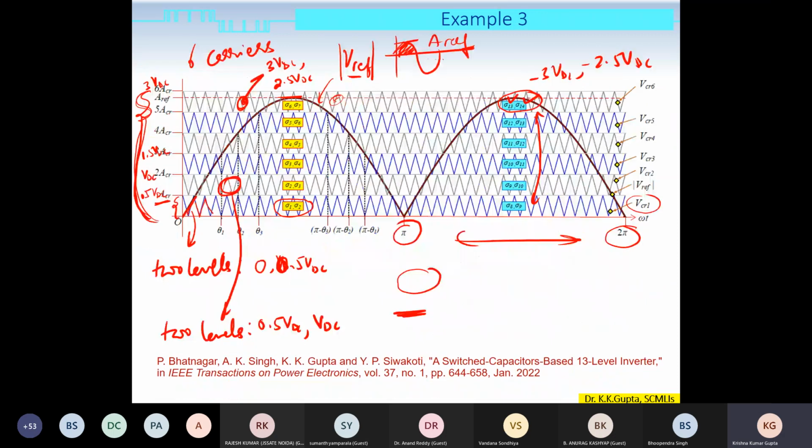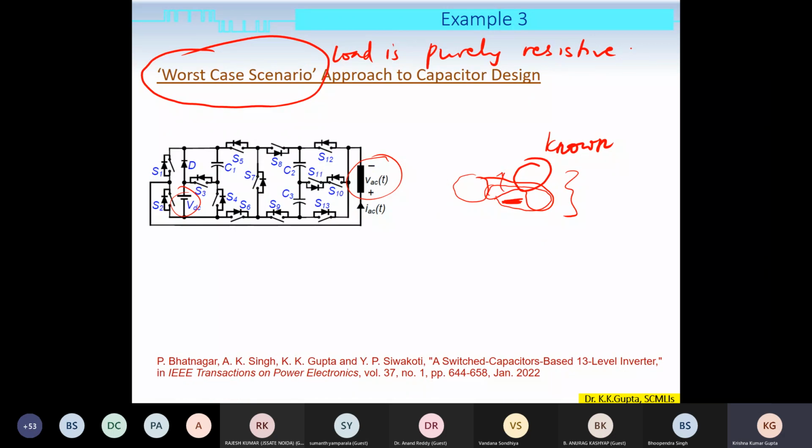So worst case scenario also happens when the load is purely resistive, right? So based on this current and the given power, we design this for a purely resistive load because that is the worst case scenario for the capacitor. It will never undergo charging in a specific state unless it is directly connected to the source itself, right? The load will never charge it.